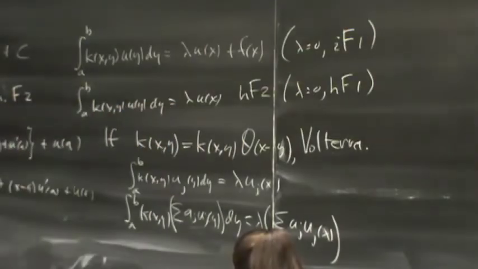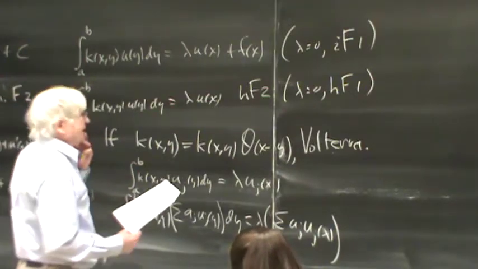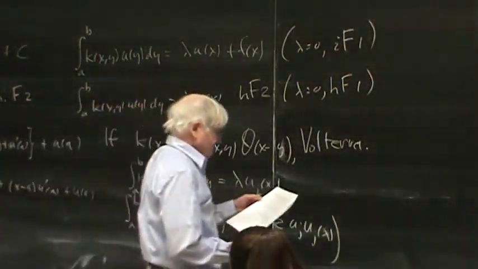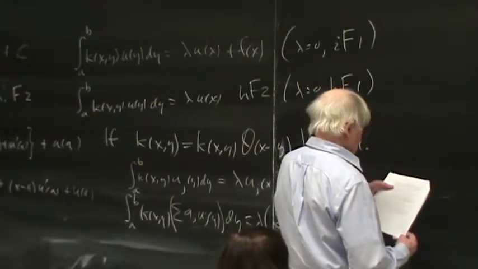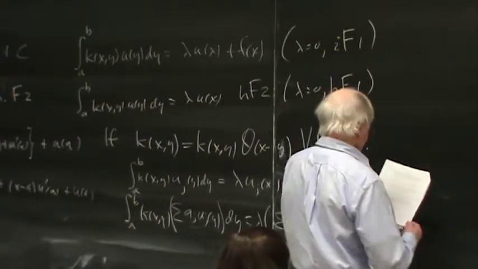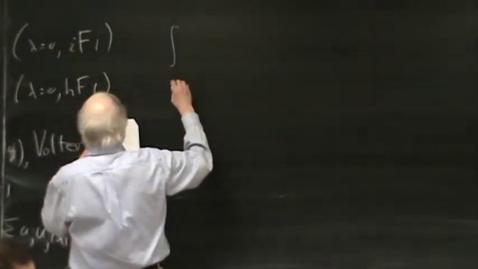Okay, so this is just like for differential equations. And what about the difference of any two solutions? Well, first of all, let's suppose that we have a solution of the inhomogeneous equation.